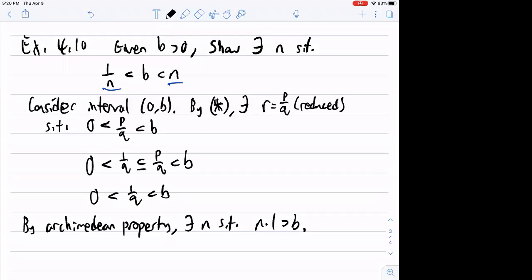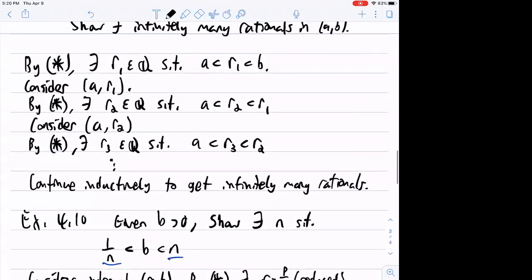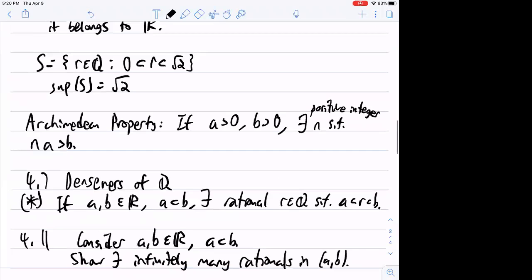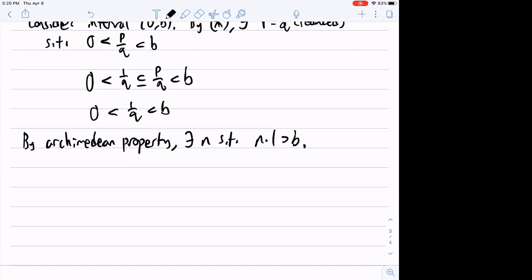If we look over here, how am I applying the Archimedean property? I'm taking my A to be 1 and my B to be just B. That's why I changed the notation to B, so you won't get confused. So I'm using the Archimedean property on A equals 1 and B being B. So there exists n such that n times 1 is bigger than B.